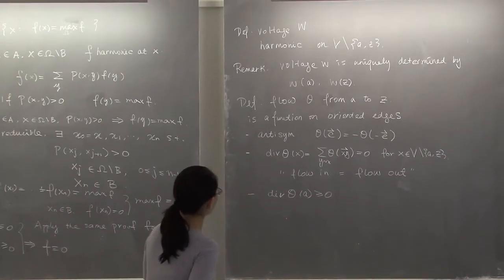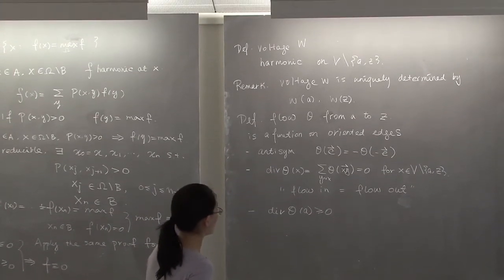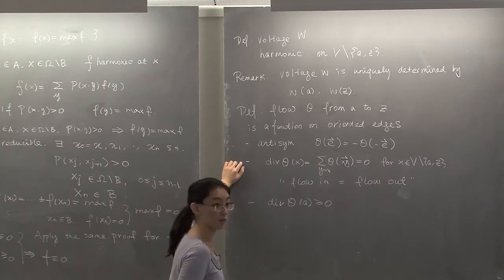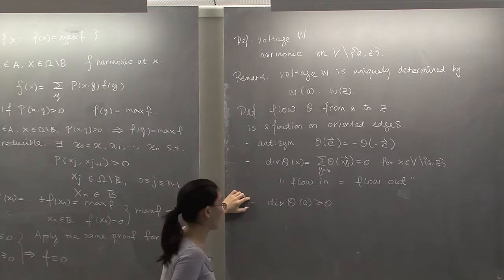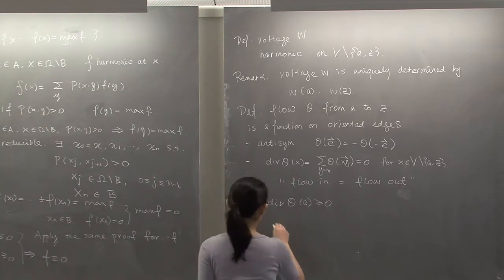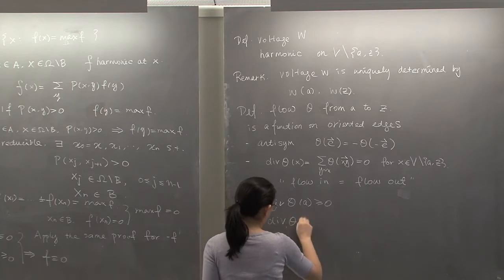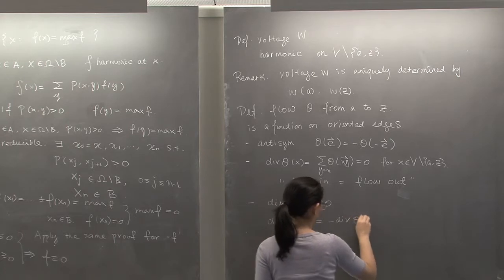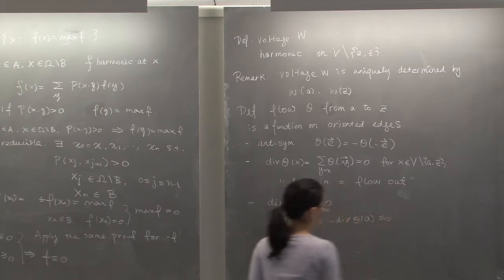It's an antisymmetric function defined on our oriented edges. For vertex outside source and the sinks, the flow in equals flow out. And for the source, we have positive divergence. And here we can also show that, in fact, the divergence at the sink is minus the divergence at the source, so it is negative.